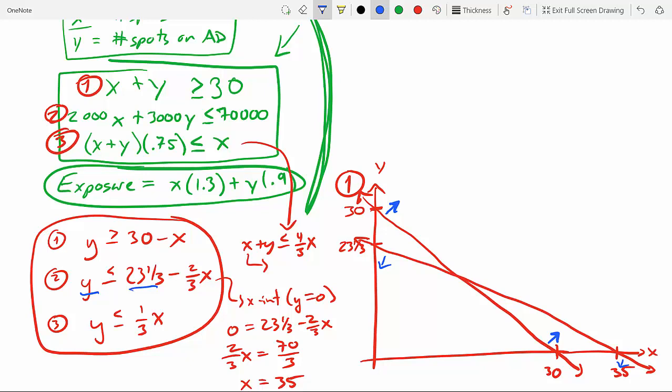So right now, this little sliver is where we're assuming the answer will be, somewhere in there. We just need to plot this last curve. Y is less than or equal to 1/3 x. So 1/3 is going to go up fairly slowly through the origin, something like this. Don't really care exactly where right now, but this is our third equation.